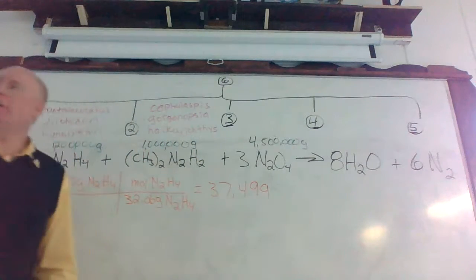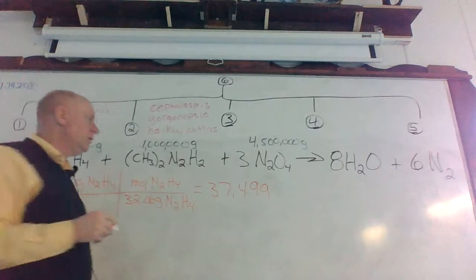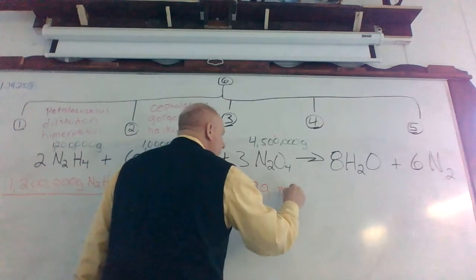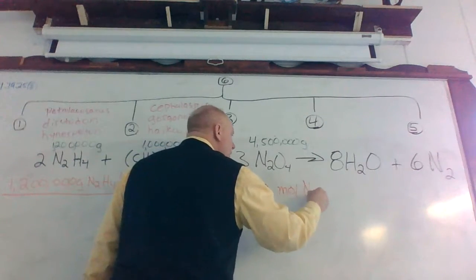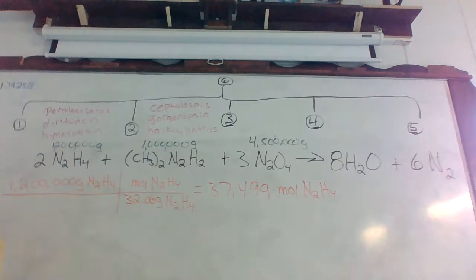Then this is going to be labeled in what, though? Moles of N2H4. And what's significant about that number in reference to N2H4? That's how much what? We're not that far yet.